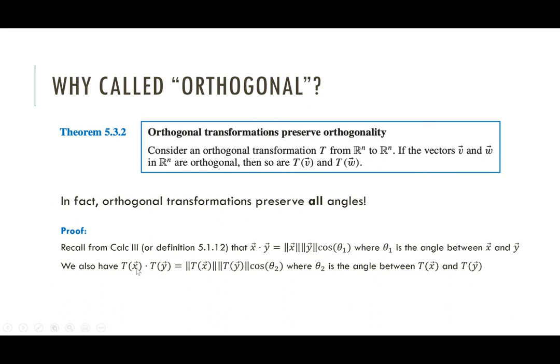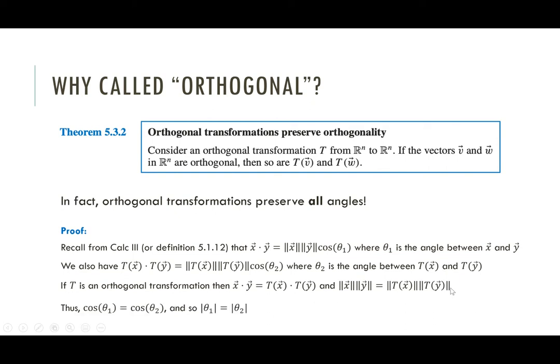That dot product is equal to the length of Tx times the length of Ty times cosine theta 2, where theta 2 is now the angle between Tx and Ty. And look, we just showed that the orthogonal transformation preserves the dot product and it preserves lengths. And so since x dot y is Tx dot Ty and the length of x, length of y is the length of Tx, length of Ty, we have that cosine of theta 1 has to equal cosine of theta 2. And that just means that in absolute value, they are the same. So cool.